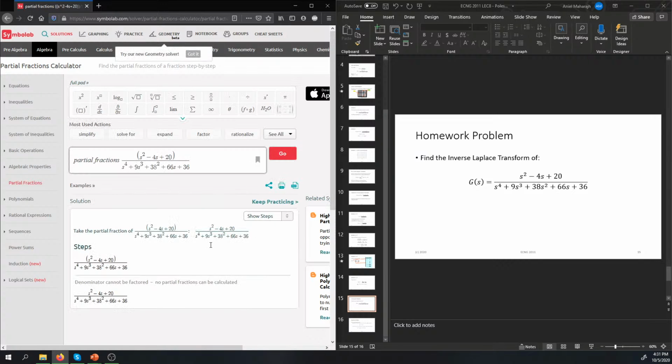Using this automated partial fraction solver, you basically see that the solver says we can't factor this. And the reason we can't factor this is because I made an error here. Right, so now it should work.